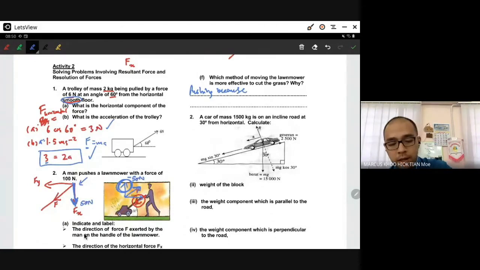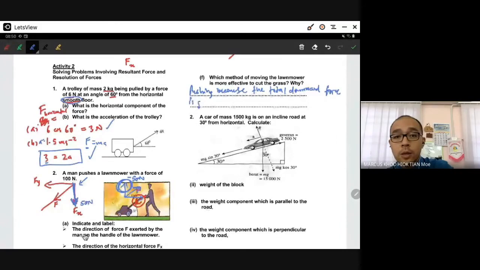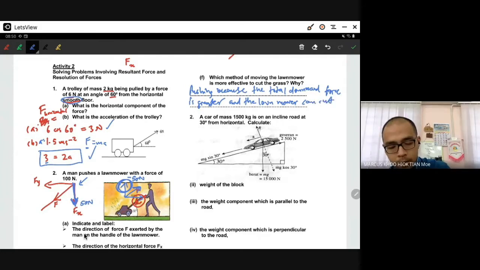Because the total downward force is greater, and the lawnmower can cut the grass more effectively.